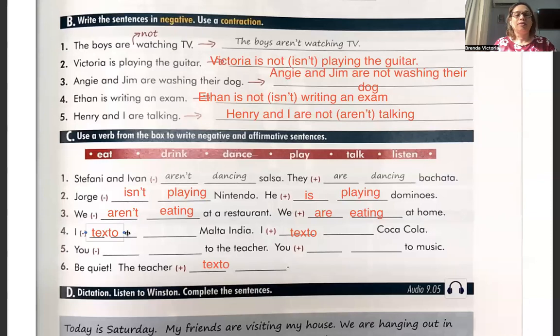Okay, so here we have number 4, I, Malta, India, negative, right? I am not drinking Malta India. I am, affirmative, drinking Coca-Cola.